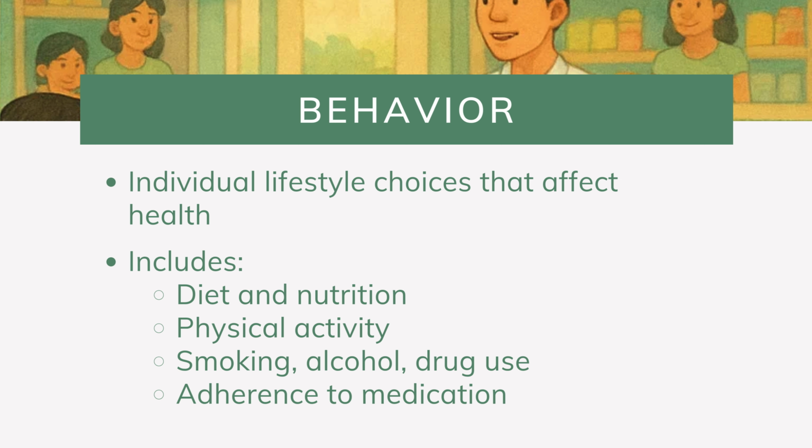Many Filipinos eat rice heavy meals with very few vegetables or fruits. In urban areas, fast food is convenient but usually high in fat, sugar, and sodium. These could lead to problems like obesity and heart disease.